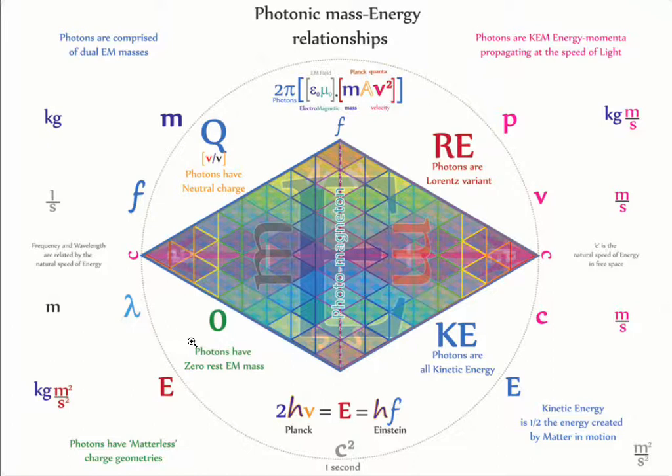Photons as well as EM waves are electromagnetic masses. They're shown to have E fields, M fields. In fact, they have a strong photomagneton resulting from their charge geometries of positive and minus charges.